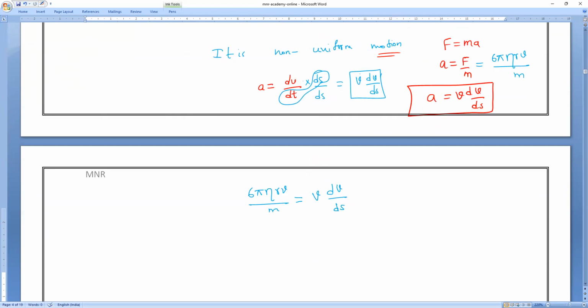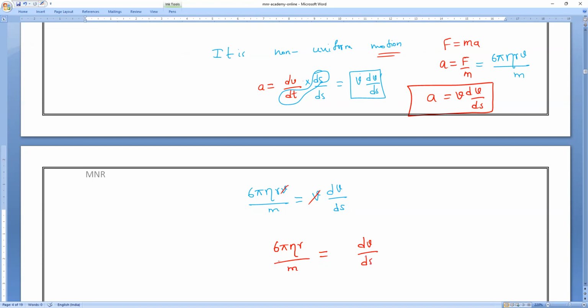On both sides something will get cancelled. What is that? v will get cancelled. What is remaining? 6 pi eta r divided by m equals dv by ds.